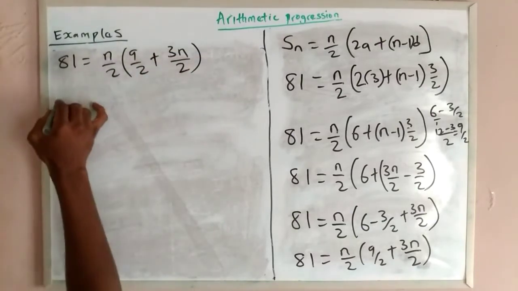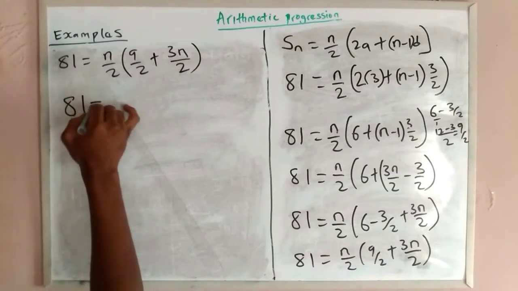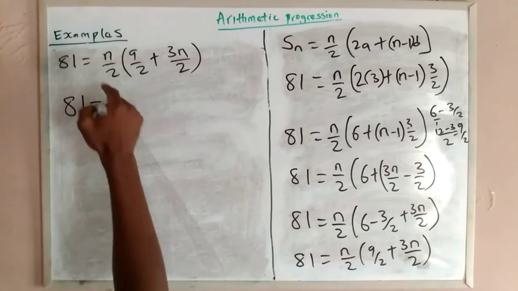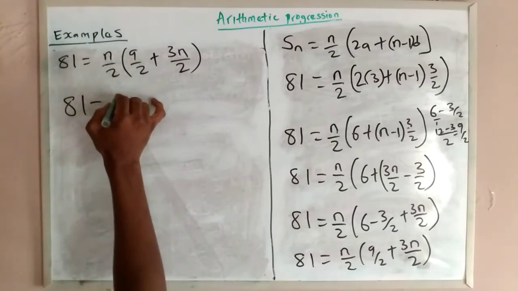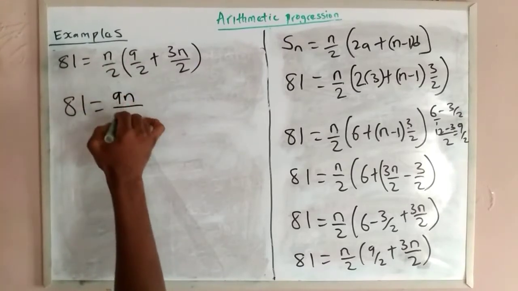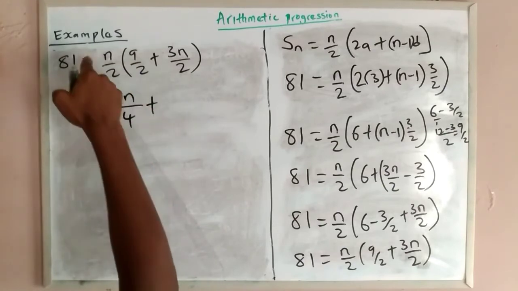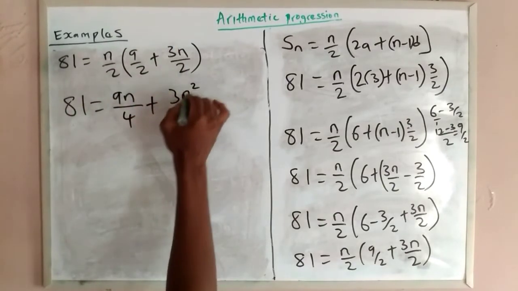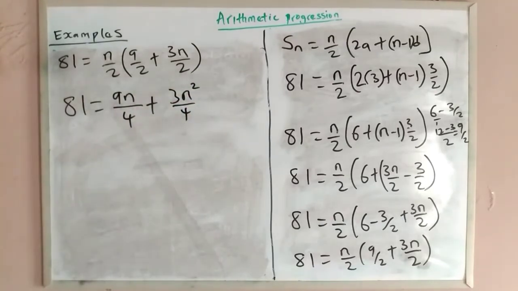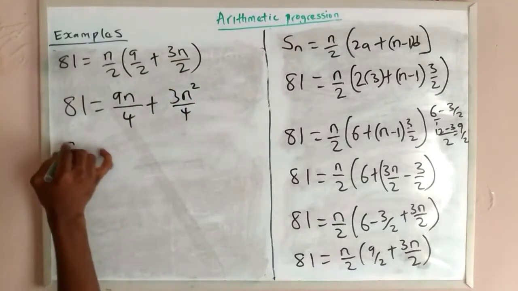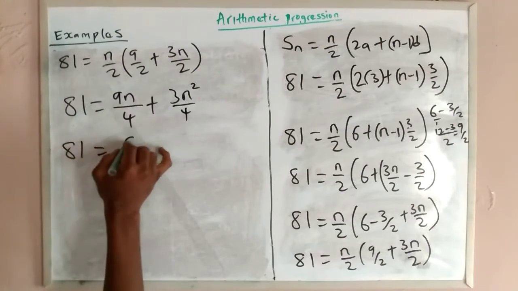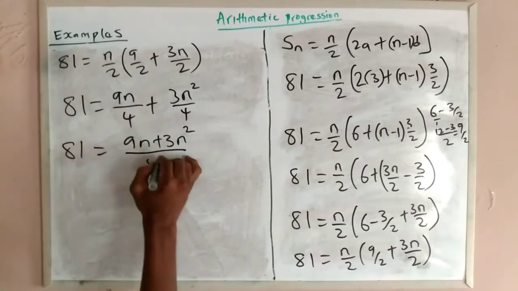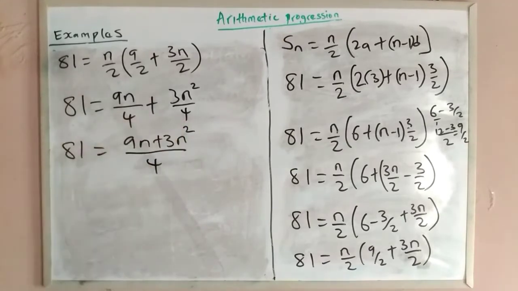Now, 81 is equal to, we use this to open the bracket, n over 2 times 9 over 2, that will be 9n over 4 plus n over 2 times 3n over 2, that will be 3n squared over 4. So this is the same thing as writing 81 is equal to 9n plus 3n squared over 4, since the denominators are the same.